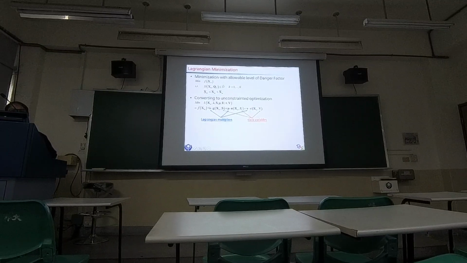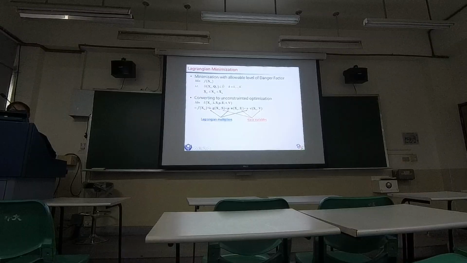Then converting to an unconstrained optimization, we minimize the Lagrangian multipliers and slack variables.